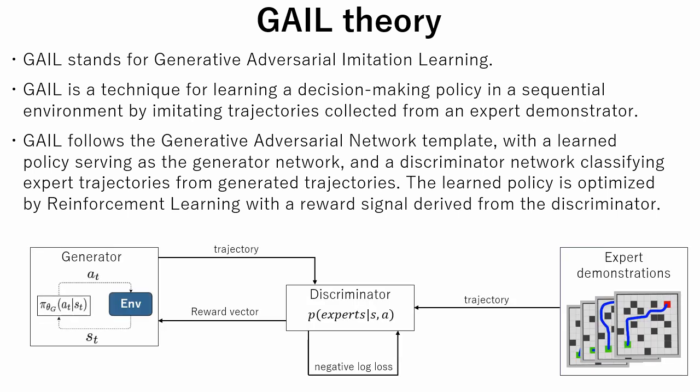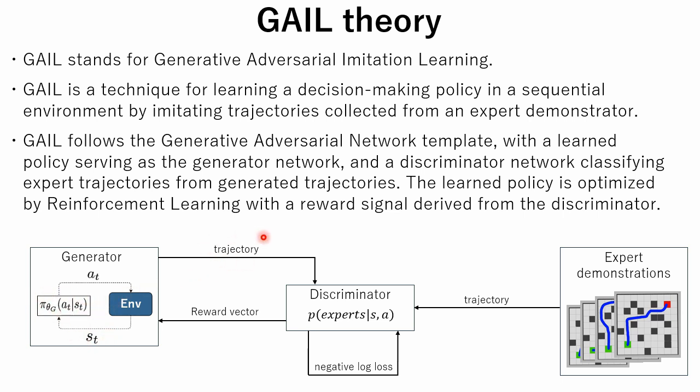Let's see how exactly this happens. Firstly, we have to prepare a dataset which is called expert demonstrations. Expert demonstration is an array of states and actions. Generally, in machine learning, an array of states and actions is called a trajectory. In the generator, the agent acts based on the state obtained from an environment and a policy.